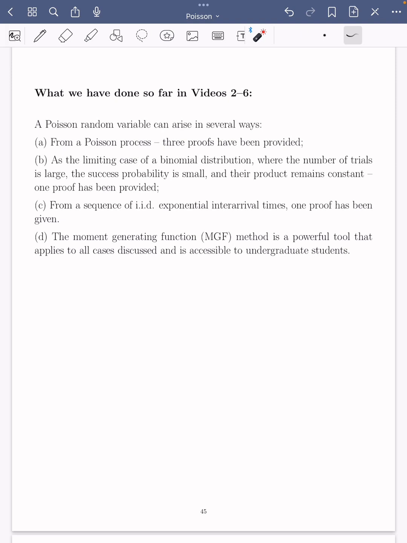The second case is that a Poisson random variable can be treated as the limit case of a binomial distribution, where the number of trials is large, the success probability is small, and their product remains constant.